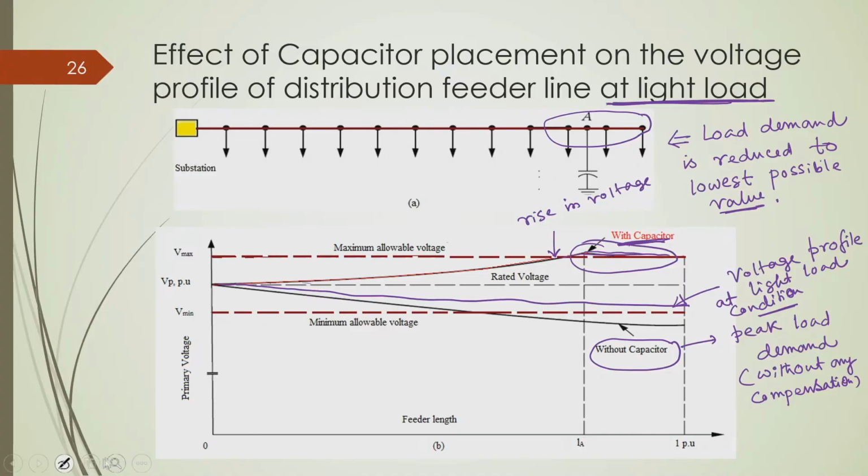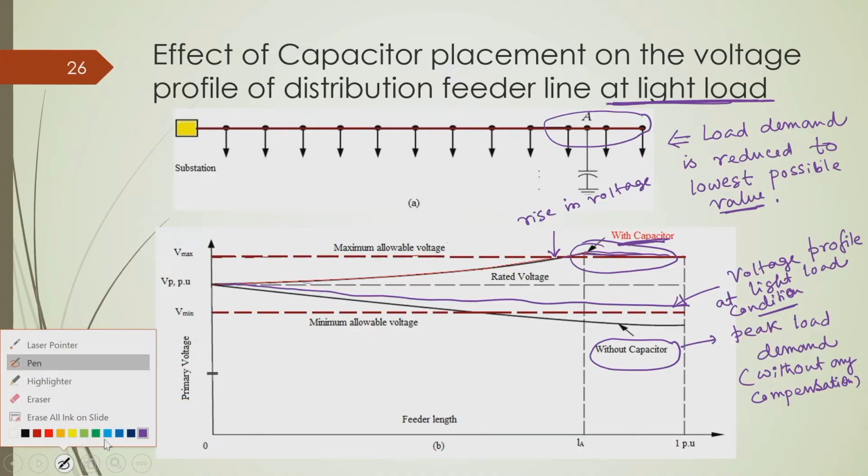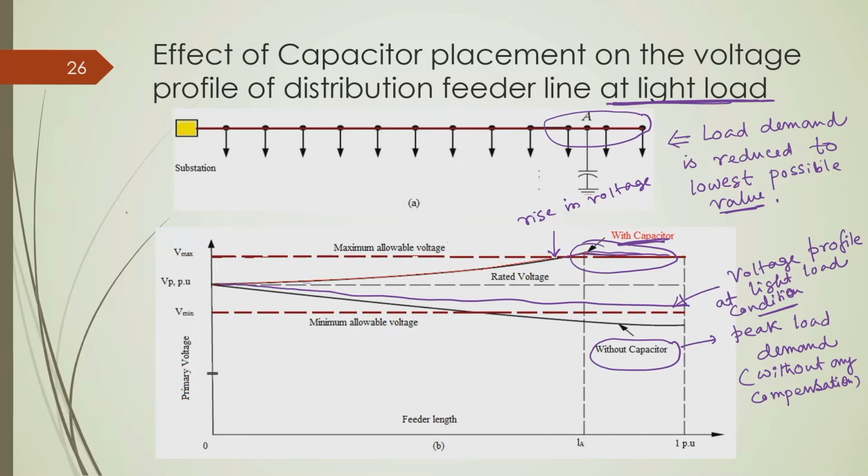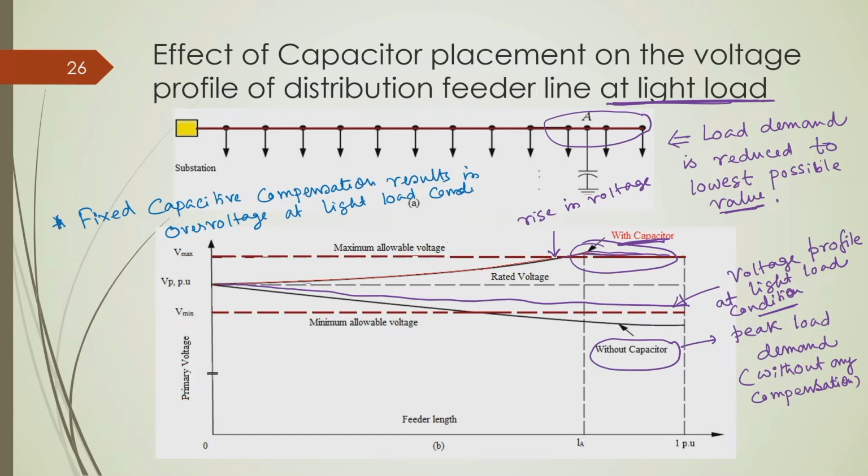So, this gives a lesson to the fact that the fixed capacitive compensation results in over voltage at light load condition in some nodes.